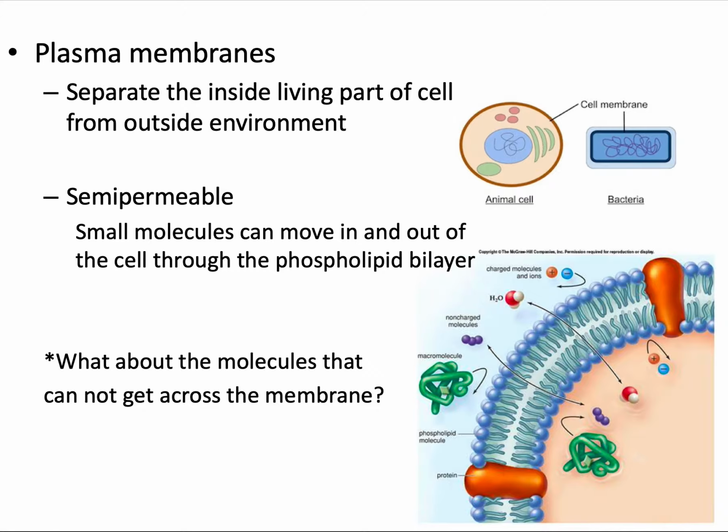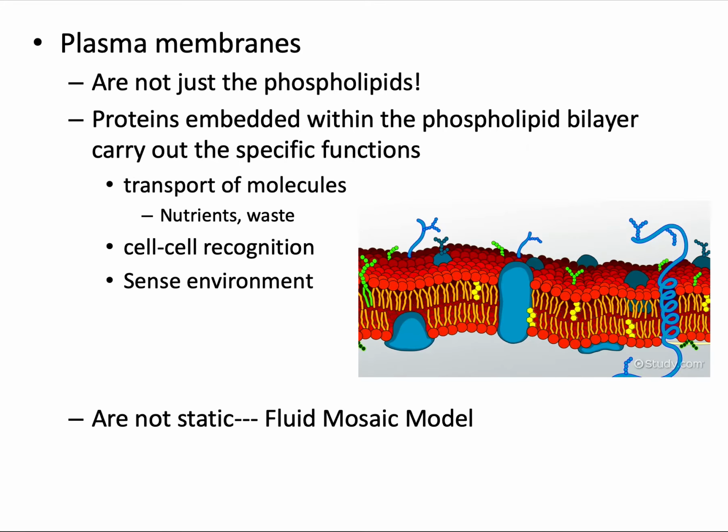But what about molecules that cannot go across the membrane for one reason or the other? That is where we see the role of specialized proteins that are embedded in the plasma membrane.